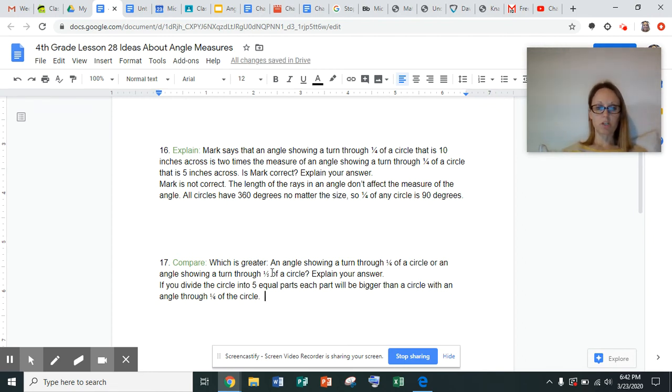So you explained your answer. Dividing it into 5 parts is going to be bigger. You can also take it a step further if you wanted.